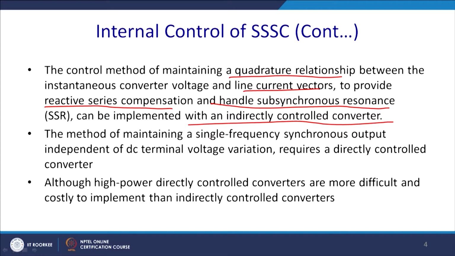The method of maintaining a single frequency synchronous output independent of the DC terminal voltage variation requires a directly controlled converter. So, if you wish to mitigate the sag, then you need a directly controlled converter. The high power directly controlled converter is more difficult, as we shall see in the control technique, and costly to implement than the indirectly controlled converter. So, the indirectly controlled converter is a cost effective solution in SSSC.